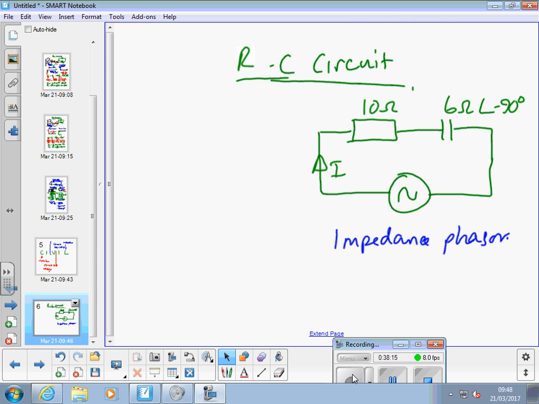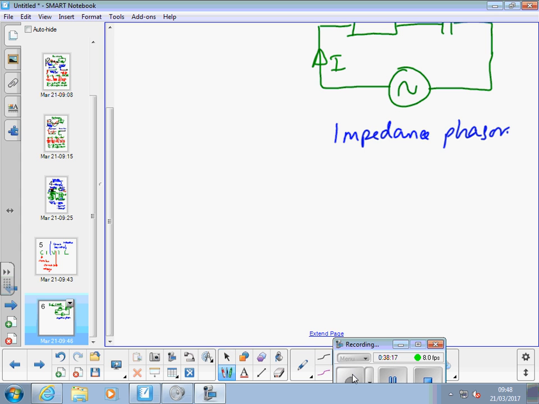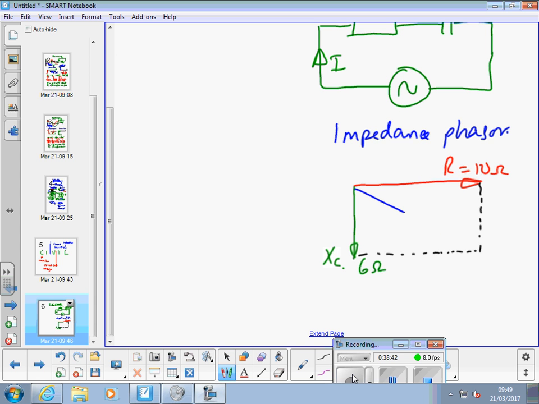Impedance phasor. We've got R equal to 10 ohms. XC, 6 ohms. And a resultant phasor, ZT, in there at an angle like so.